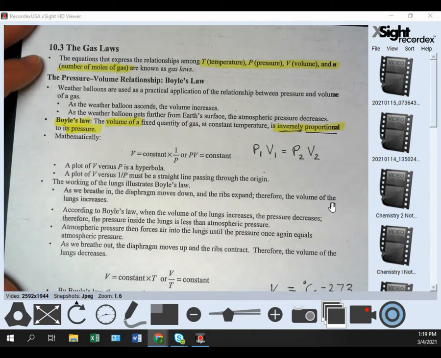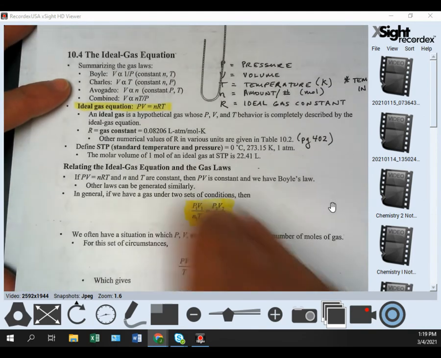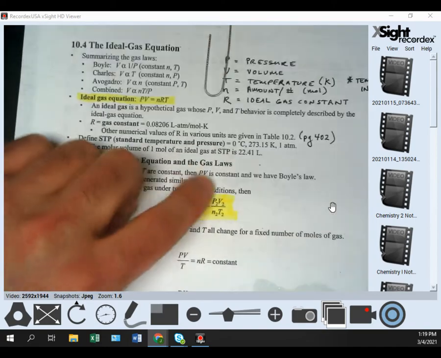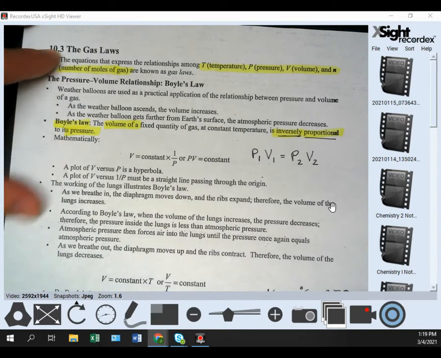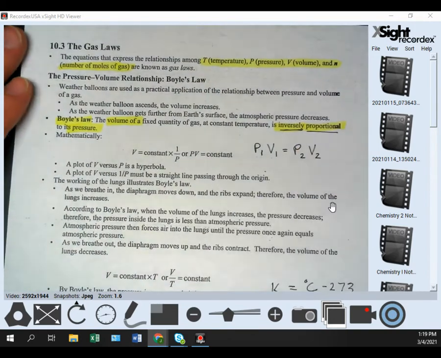But I am going to walk through them with you and explain the relationship concepts. In terms of the actual equation, when we get to 10.4, that's the equation we're going to use. To me, it's better to know one equation and how to use it than to memorize three separate ones. You can use the one equation to get all of these. It'll make more sense when we get there.